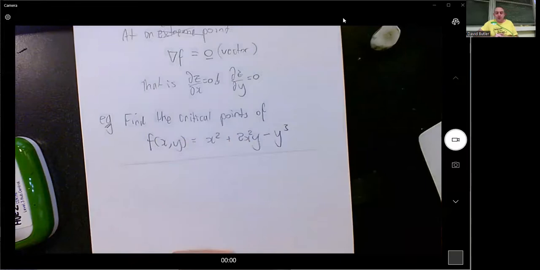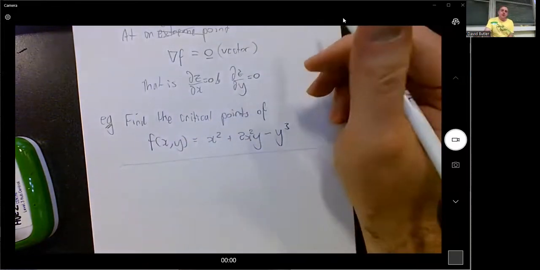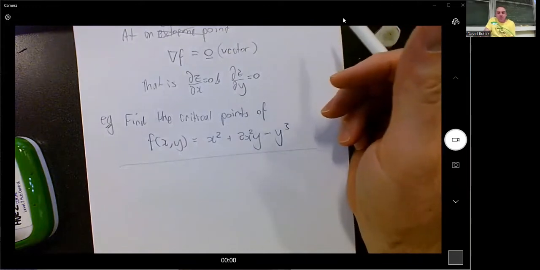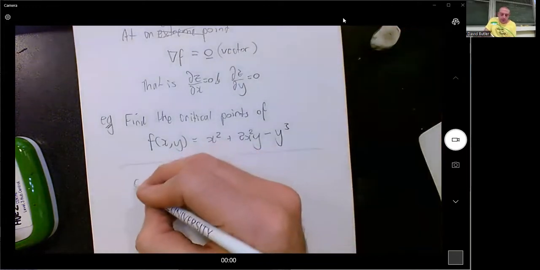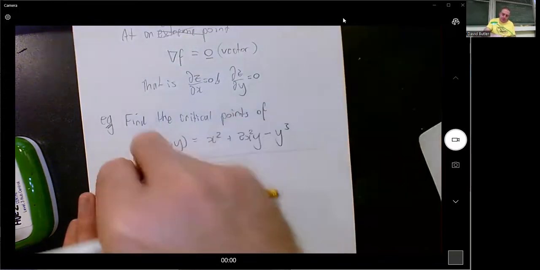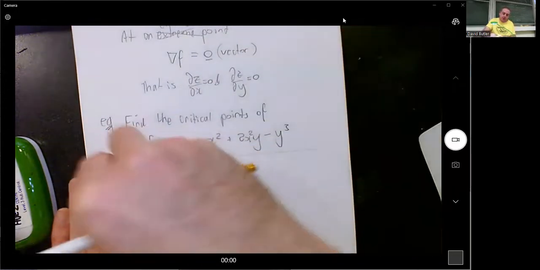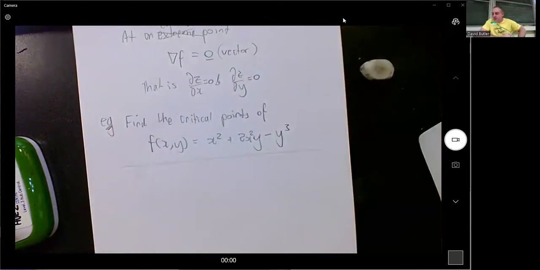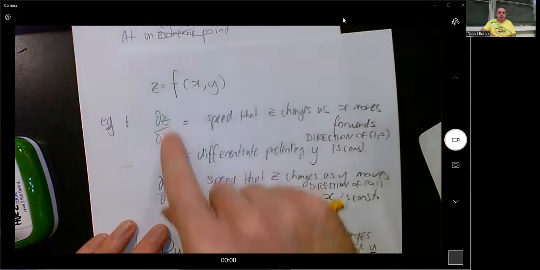So, to be a critical point, you need both the partial derivatives to be 0. So first I need to calculate, there's actually another notation for this. You don't have to call it dz on dx.